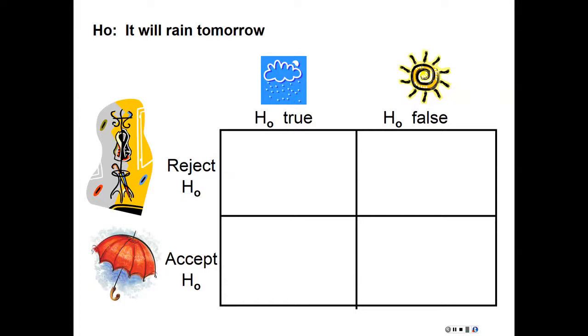Now, what could happen with these scenarios is that you could make a type 1 mistake. A type 1 mistake is if H0 is in fact true, it is going to rain today, and you have rejected H0, which is why the raincoat and the umbrella are sitting at home and not with you, because you decided it wasn't going to rain. So you left those things at home. Making a type 1 mistake actually has a definable probability.